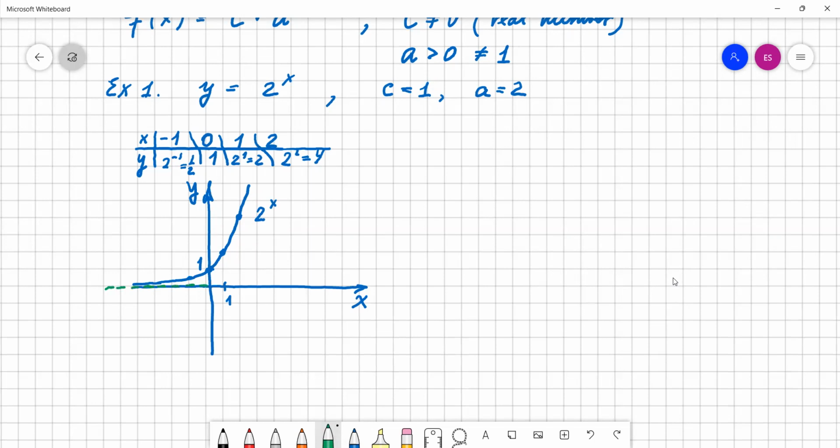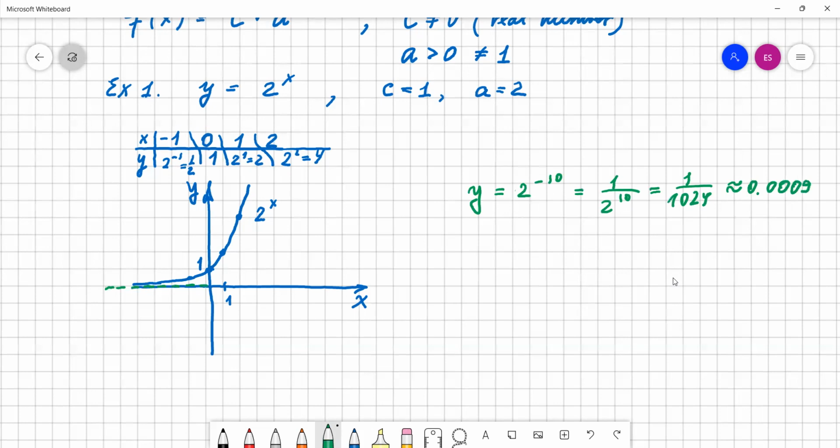Why? Because if I start plugging in bigger and bigger negative x's here, for example, what is y if my x is -100, sorry, even -10, 2 to the negative 10? What is 2 to the negative 10? That's 1 over 2 to the power of 10, or 1 over 1024, approximately 0.000 something, a very small number.